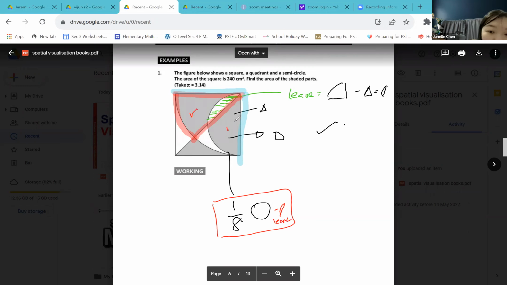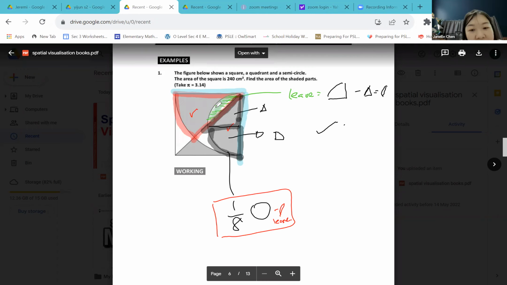So you will be finding your triangle, which is here, and then your quadrant here, followed by a 1/8 circle, which is the red part, and then minus away the leaf, which is the green part here. So we managed to find that.